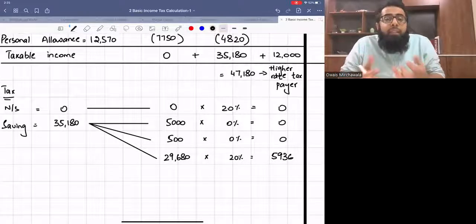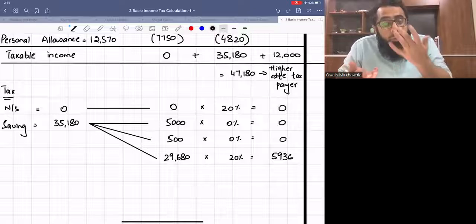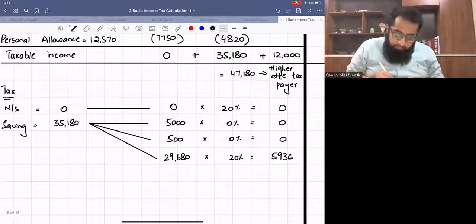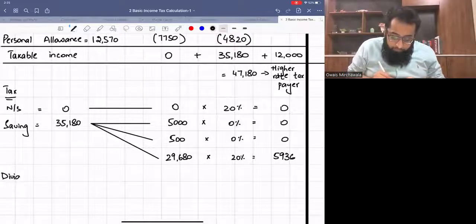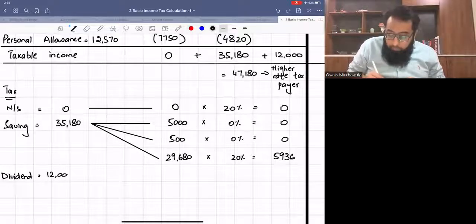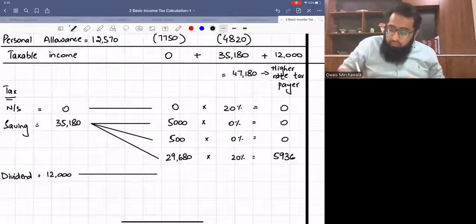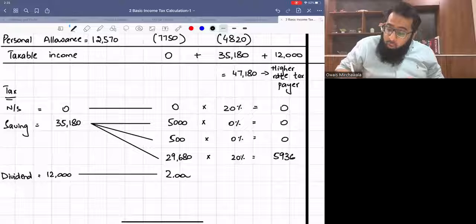By this time, I hope that this should become routine for you. Now we have dividend income, 12,000. On dividend, the first 2,000 is always at 0%.